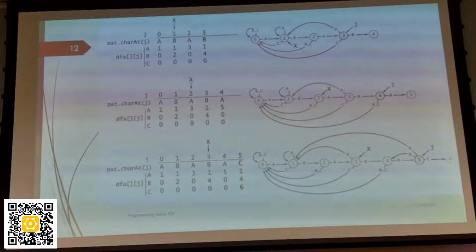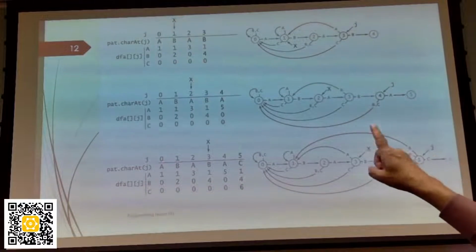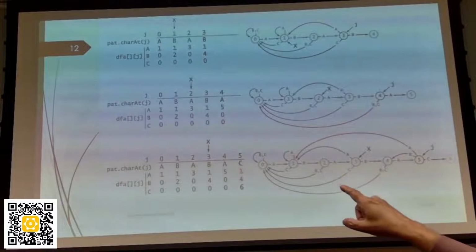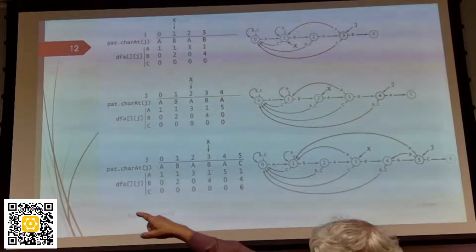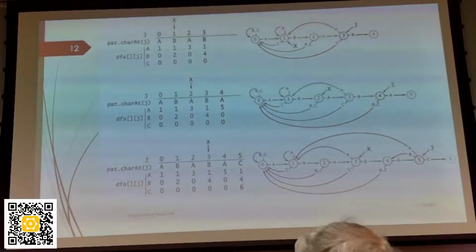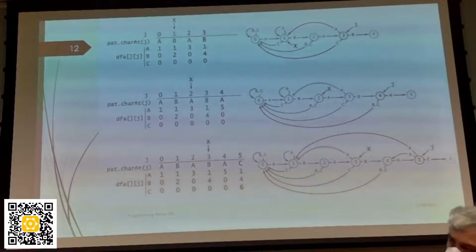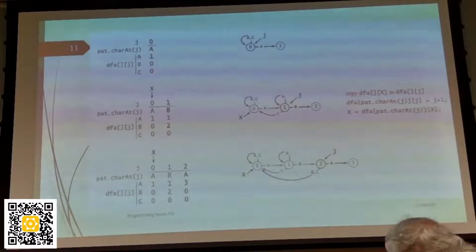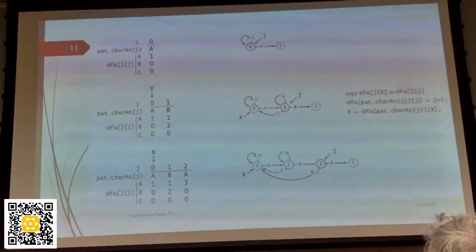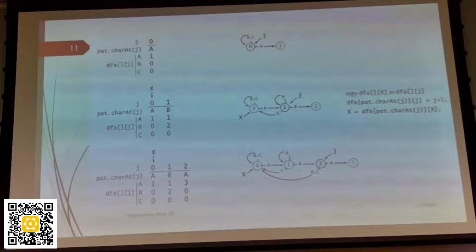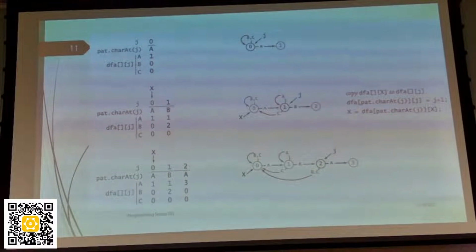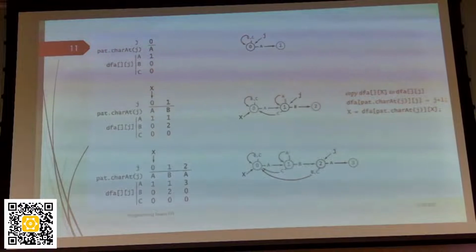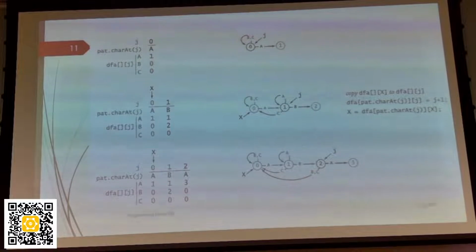You do it one step at a time, which is the same as saying we're building one column at a time of that matrix, because each column is for a specific state. And you're right, it says something about copying. So let's see if we can figure this out. It says copy X to DFAJ wherever you can, and then you improve it.